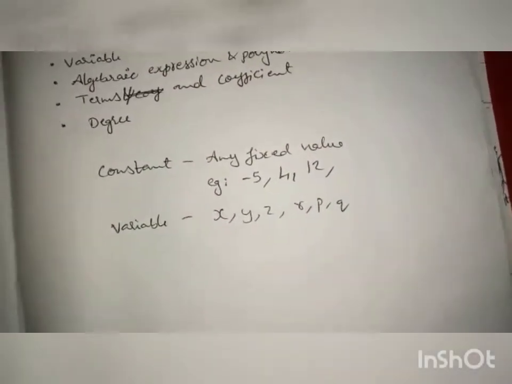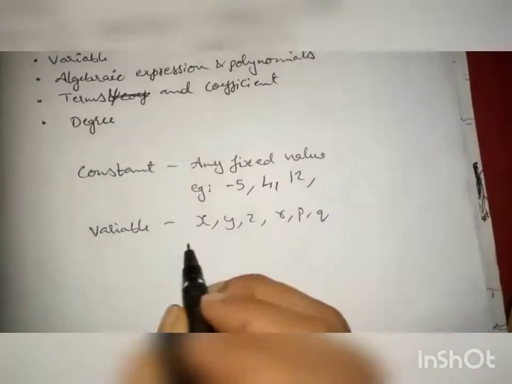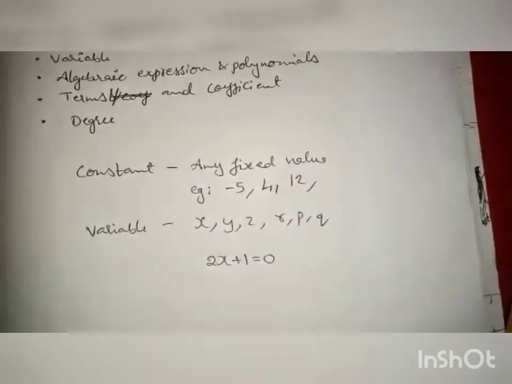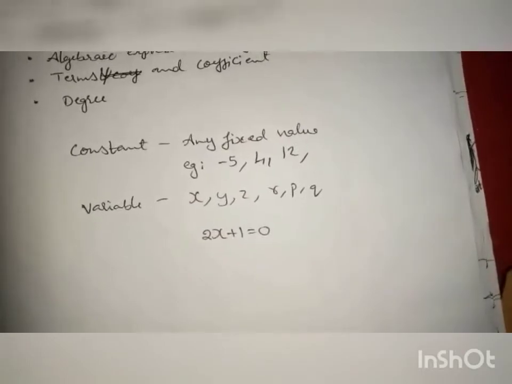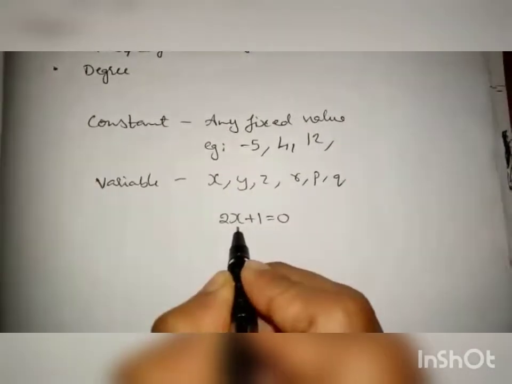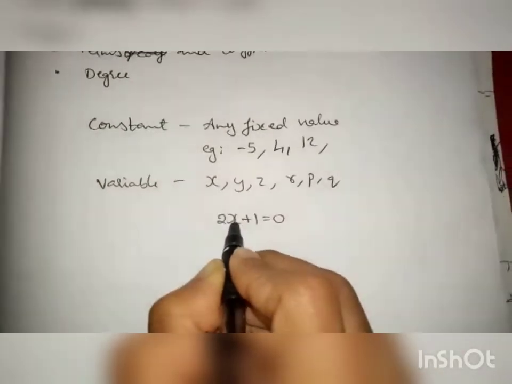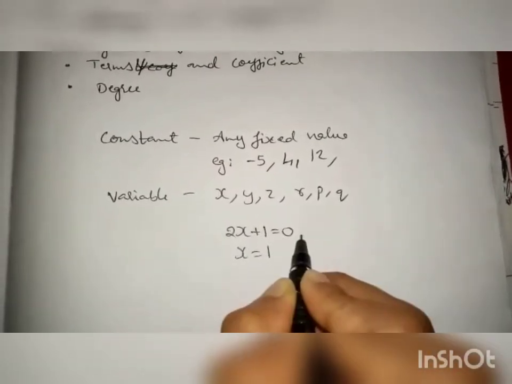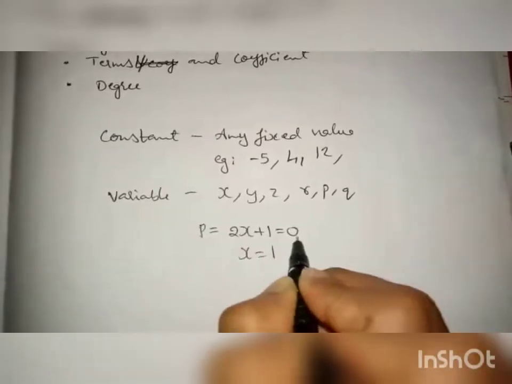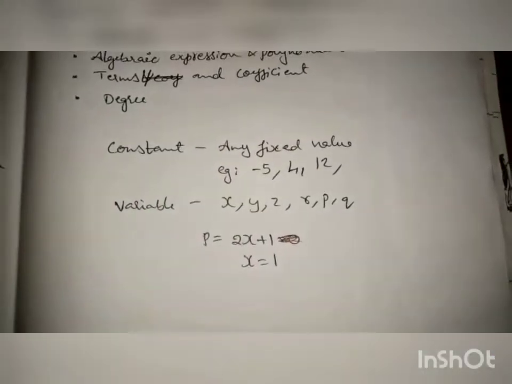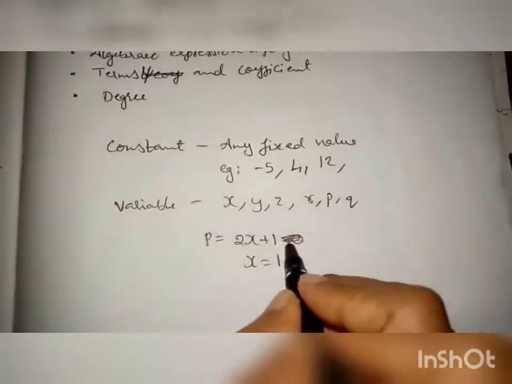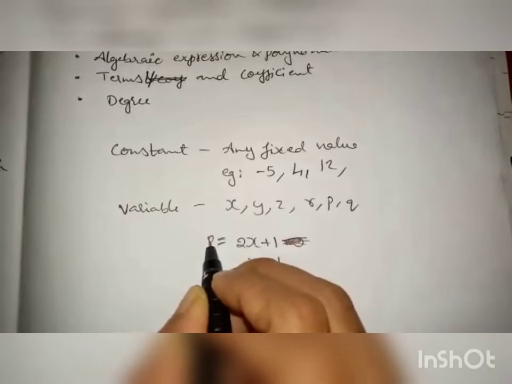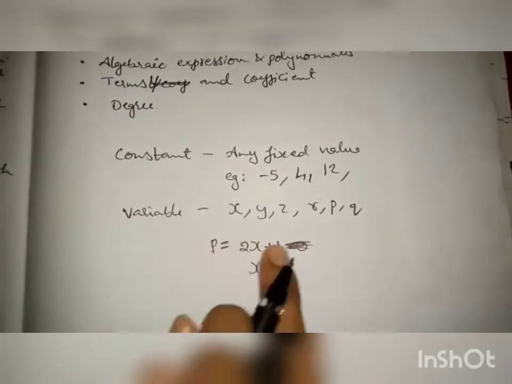Because if in an equation, if they have given some equation like 2x plus 1 equals 0, if you take this as p, this is a polynomial, take it as a polynomial, and p is equal to 2x plus 1.